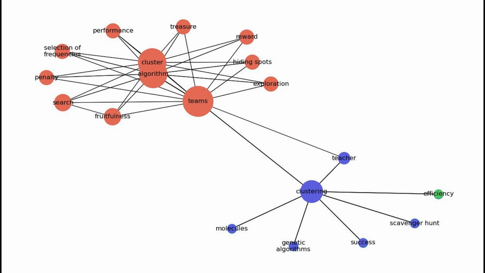To balance this, the algorithm uses specific parameters to reward or penalize clusters based on their performance. If a cluster does well, it gets a higher chance of being selected again. But if it does poorly, it receives a stronger penalty, encouraging the algorithm to explore other clusters that might eventually yield better results. This system helps ensure that all teams have a fair shot at finding treasures, and it can help the overall search be more fruitful.